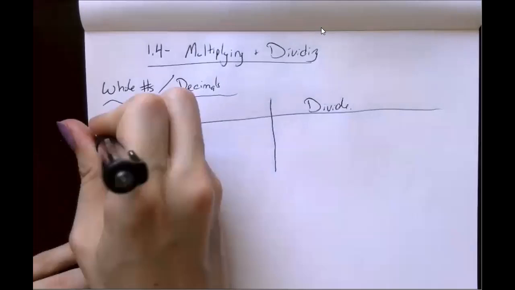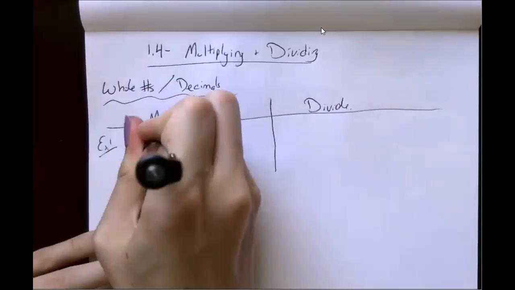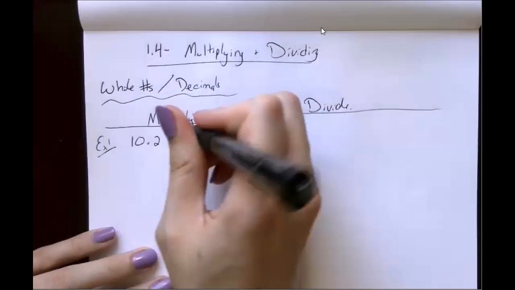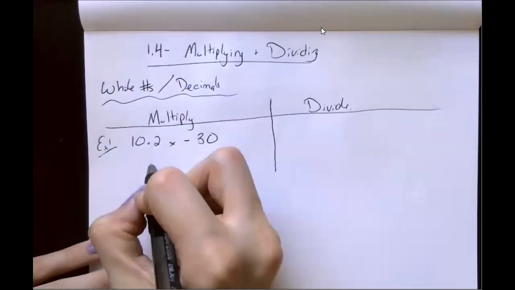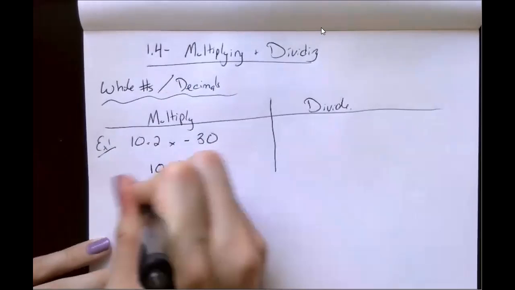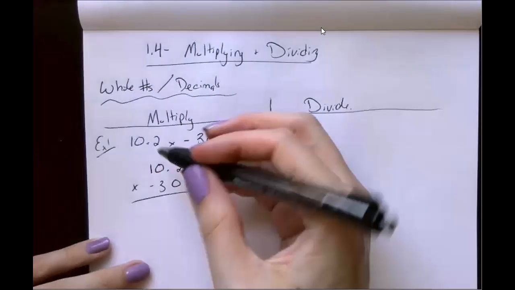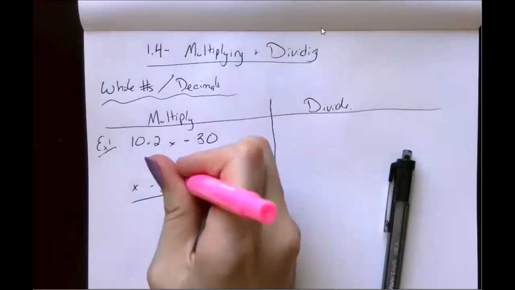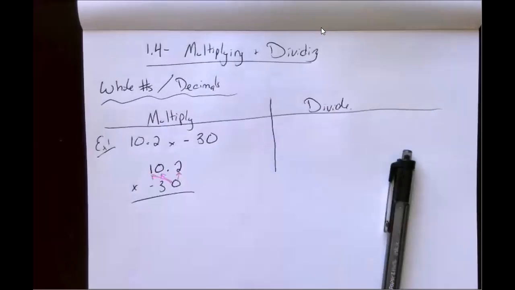So the first example we'll do is 10.2 times negative 30. So we're going to set this up so that we can do long multiplication. So we start here, and we're going to multiply straight up and then to each of the numbers in the top row.